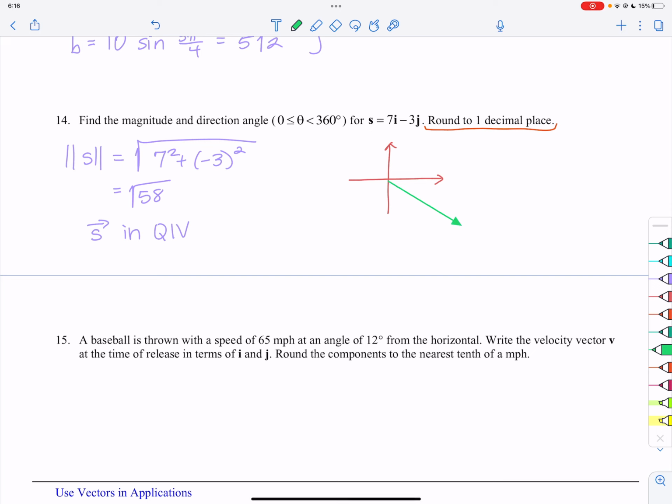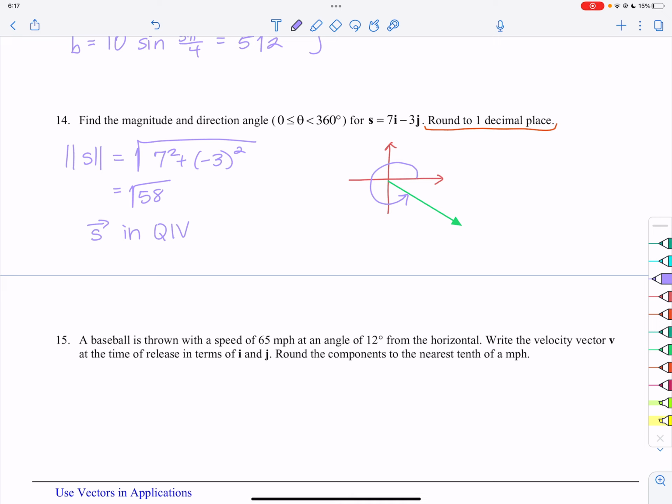And we are in quadrant 4 because of the values of i and j. So we have the tangent of theta. So you can see that theta will begin here and come all the way around.